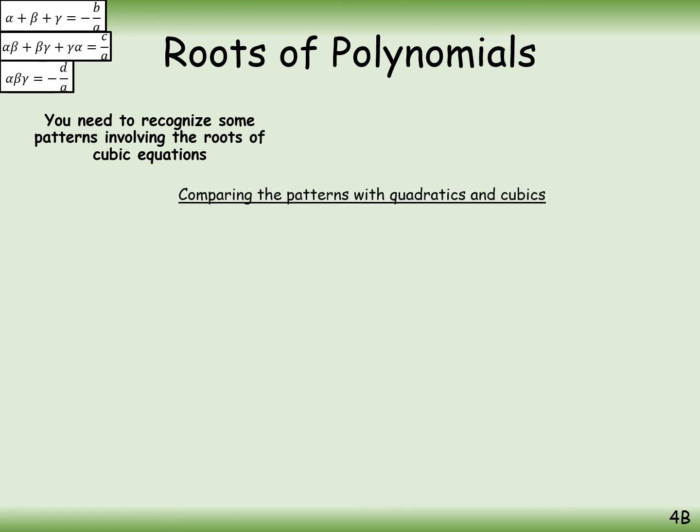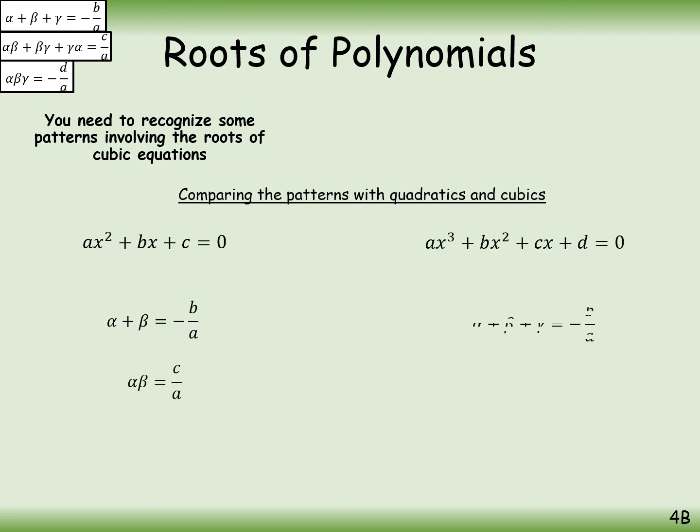So comparing the patterns with quadratics and cubics. For quadratic, alpha plus beta is minus b over a. Alpha beta is c over a. For cubic, alpha plus beta plus gamma is minus b over a. And alpha beta plus gamma beta plus alpha gamma is c over a.